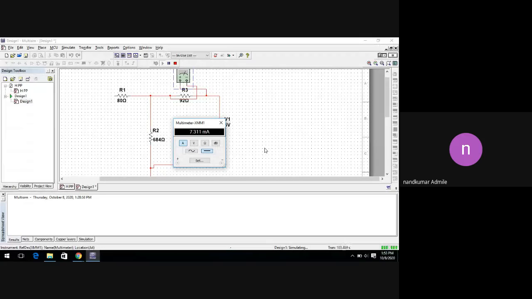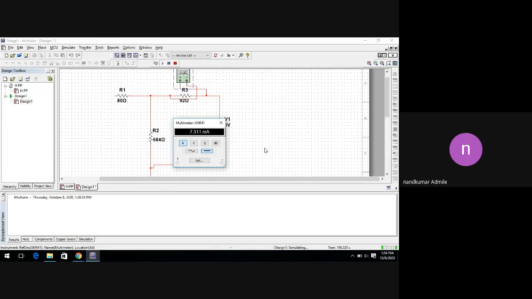I2 divided by I1. So the value of I2 is 7.311 milliampere and the value of I1 is 61.65 milliampere. So make the division of I2 divided by I1. The formula for H21 is I2 divided by I1, so we'll get the value of H21.